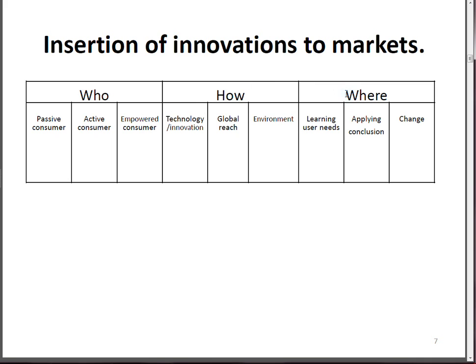And then when we think about this keyword where, we think about how we learn from the user what the user needs. There is a process there. It's not just inserting product, but learning what users require. We then apply the conclusion. We apply what we've learned, and there's also an element of making change, creating change in the market.